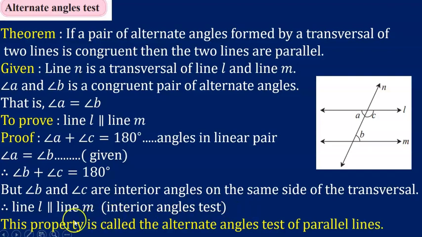This property is called the alternate angle test of parallel lines. We prove this property by using the interior angle test.